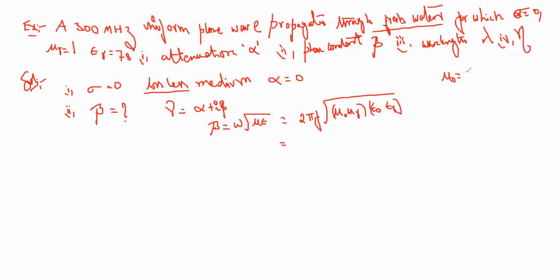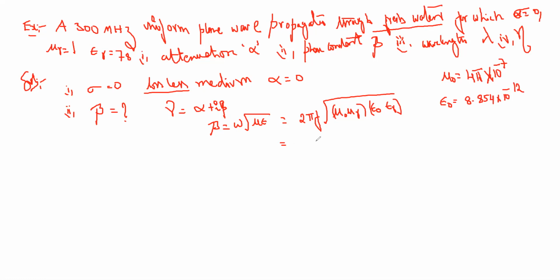Mu naught is equal to 4 pi into 10 to the power of minus 7, always a constant, my dear students, and epsilon naught is also a constant, 8.854 into 10 to the power of minus 12.